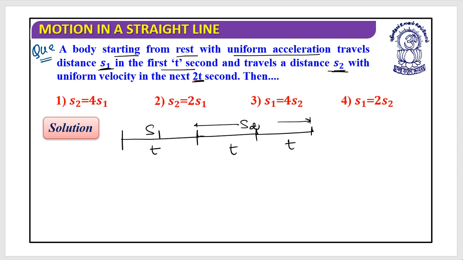Now let's begin. I know that u equals 0 and that acceleration is constant, and the time intervals are the same. If these conditions are matched, we can proceed, though there may be a change in the options, as one of the options or none of them may match. But let's leave that and solve this question.